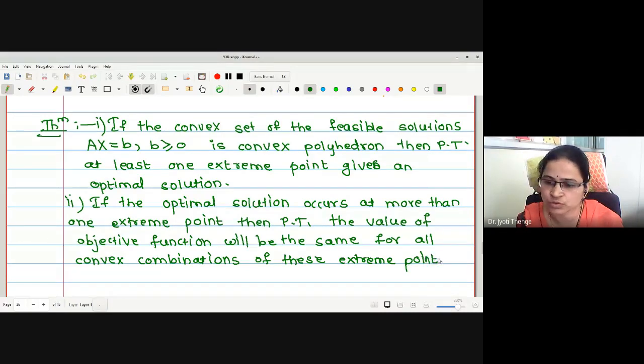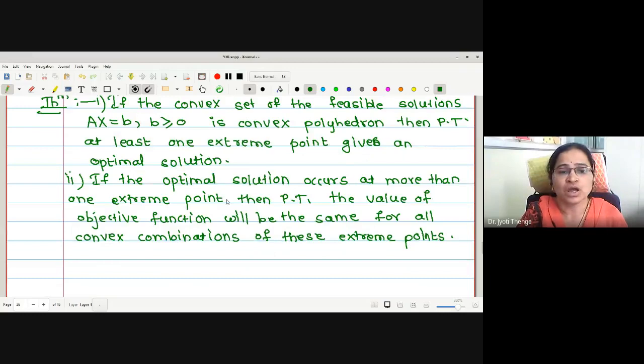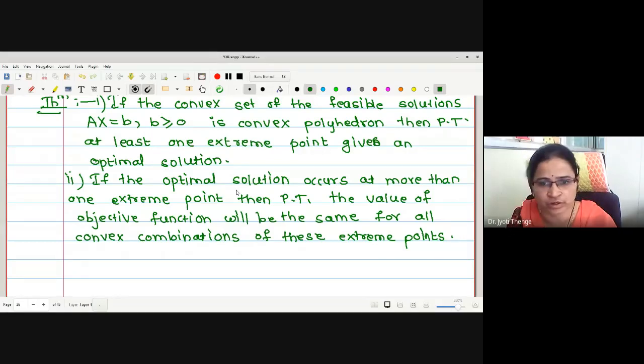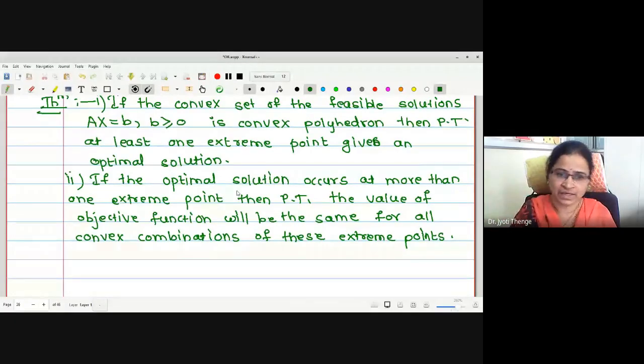Okay, let us focus on the first aspect to prove. In the first aspect, we want to prove that at least one extreme point gives us an optimal solution. While proving this first part, we will assume there are some k extreme points of the given feasible region. Then among all the extreme points, we will find one at which the value of the objective function is maximum among extreme points.